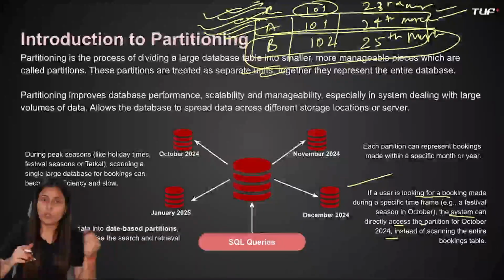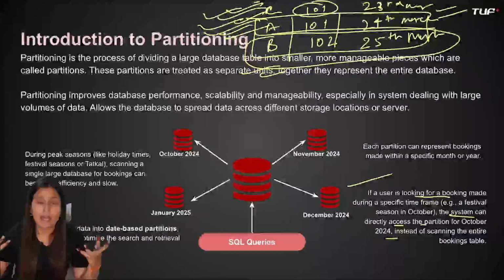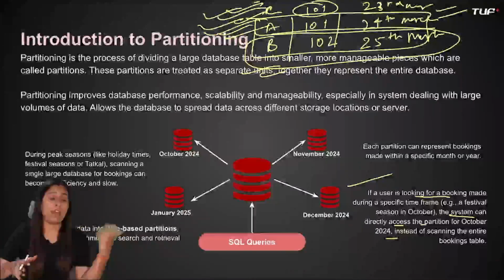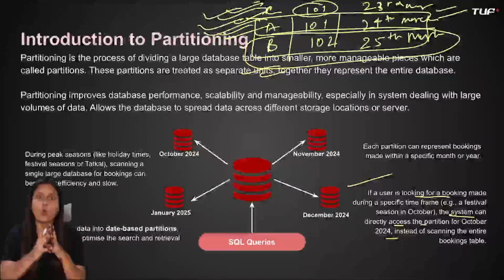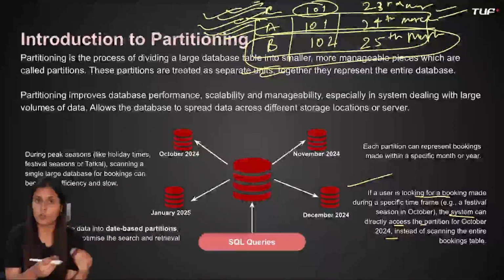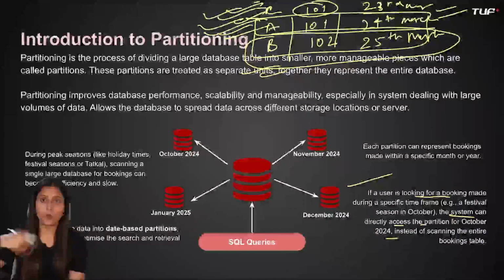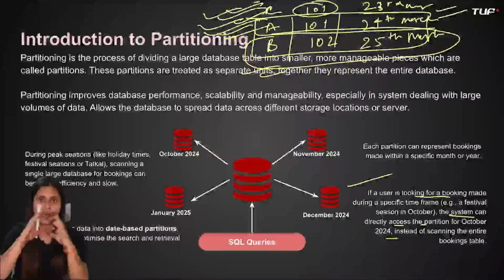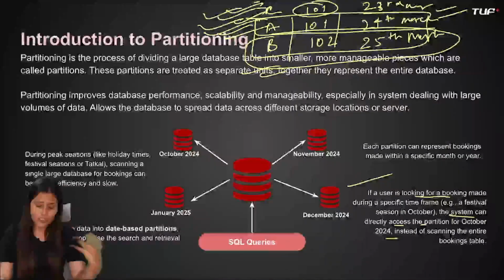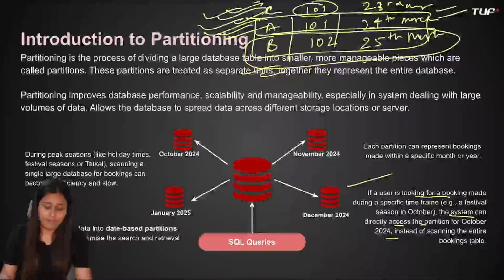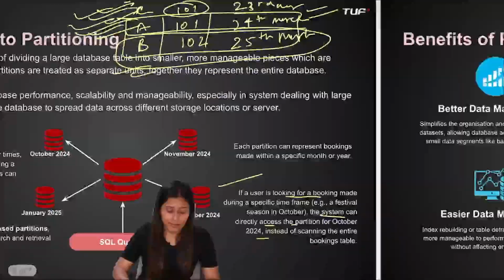If you want to search for a booking made in the month of Feb or October, instead of searching the whole 12 months of data, you now only need to search the October month, right? So you can see how the optimized query has improved the whole performance of the system. That is the importance, why we use partitioning in databases.